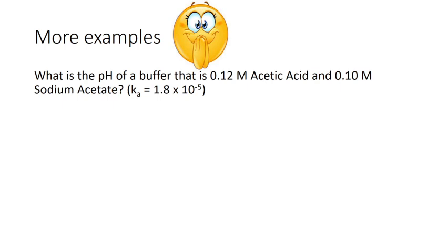So it is time for some more examples. In this one, we're going to calculate the pH of a buffer that is 0.12 molar acetic acid and 0.1 molar sodium acetate. Acetic acid is an acid with the acetate ion, C2H3O2 minus, and sodium acetate has the same C2H3O2 minus.